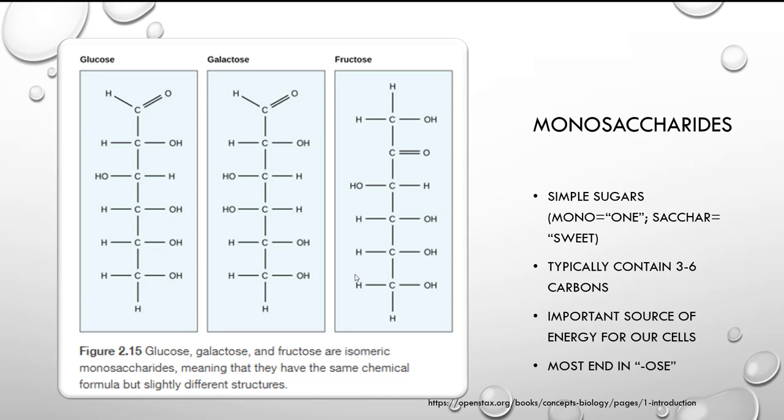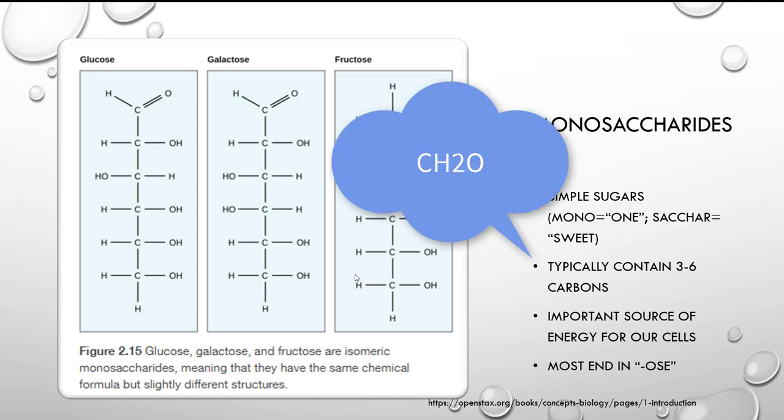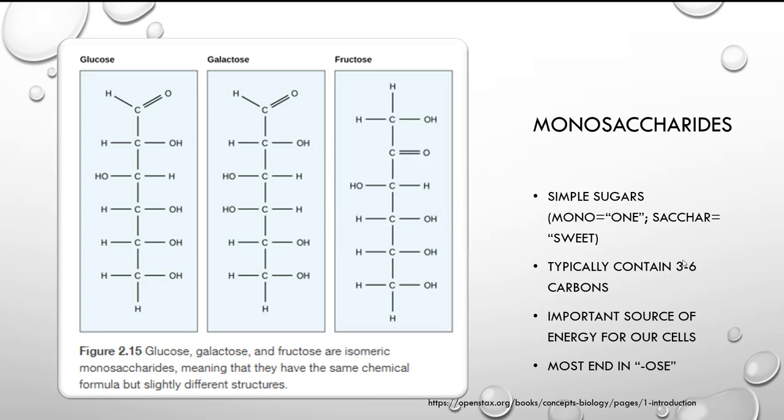And they typically, as we said before, all follow that same ratio of 1 carbon to 2 hydrogens to 1 oxygen. And typically our monosaccharides range from 3 to 6 carbons. So here's an example of 3 different monosaccharides. All of them have 6 carbons.